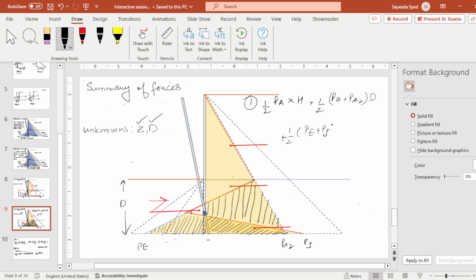No, one second. This is Z up till here. Z. And we will subtract this triangle. It will remove this part once, and it will add a negative value of this triangle, which is what we want. Okay, so this is our equilibrium for forces.